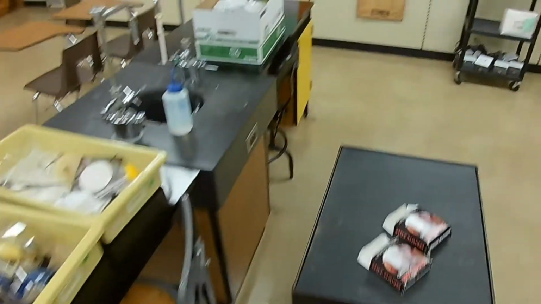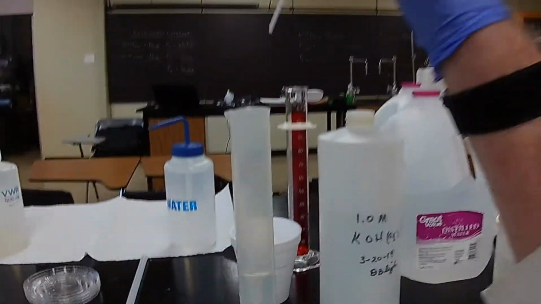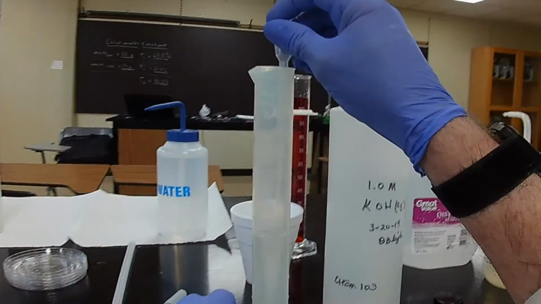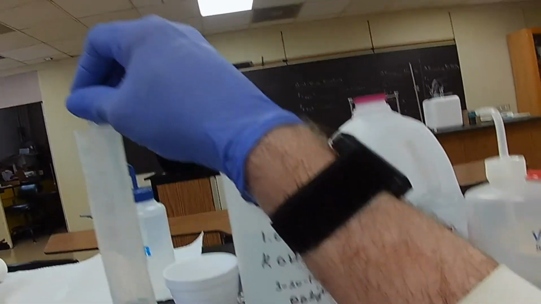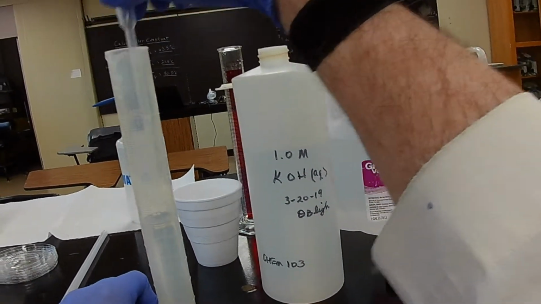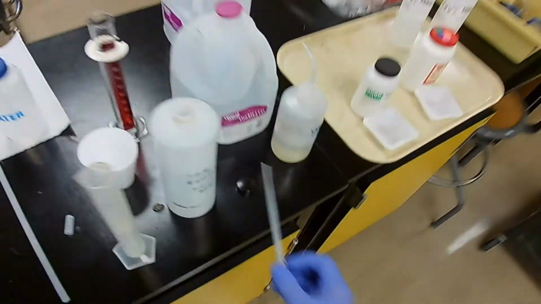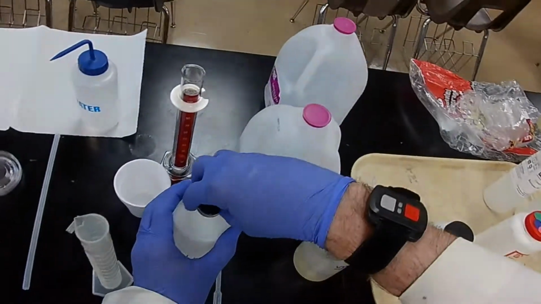So let's get a fresh transfer pipette and remove just a little bit of the potassium hydroxide so it'll come down to the mark. There we go. All right. Keep that with the potassium hydroxide.